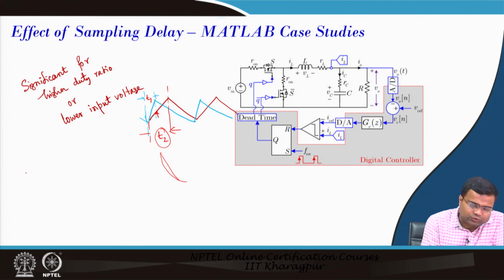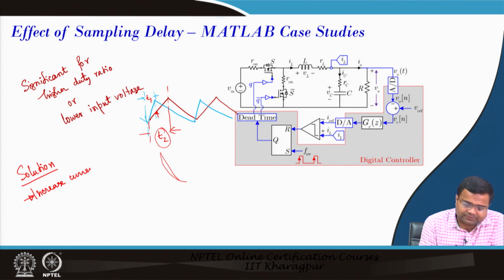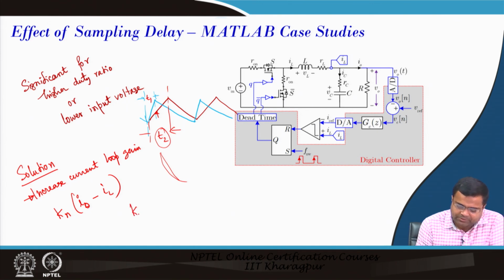So, then what is the solution? One way is to increase the current loop gain. That means we are talking about Kn times (IL minus I0), the inductor current minus the feedback loop current.